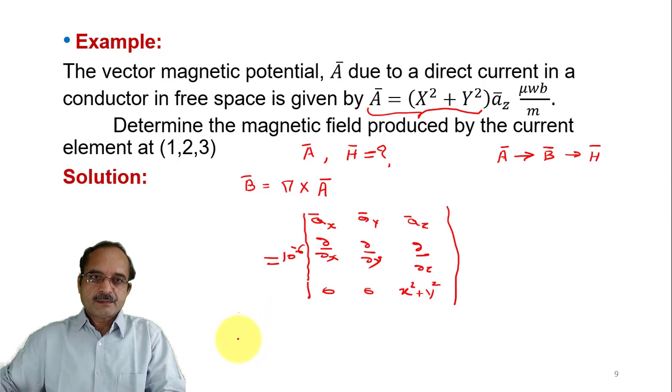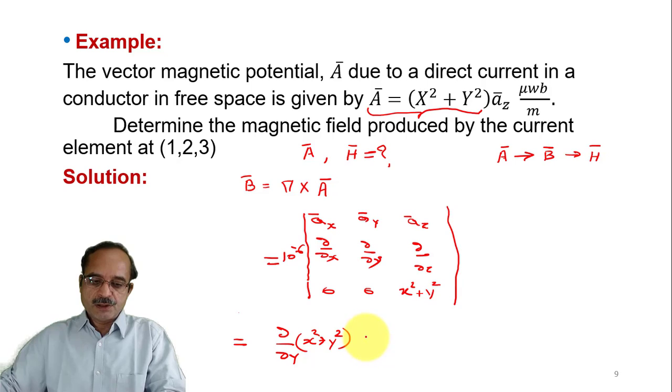Expanding this, the z component will be 0 because d/dx of 0 is 0 and d/dy of 0 is 0. There will be only x component and y component. For the x component, it is d/dy of x square plus y square minus d/dz of 0, so that is 2y.